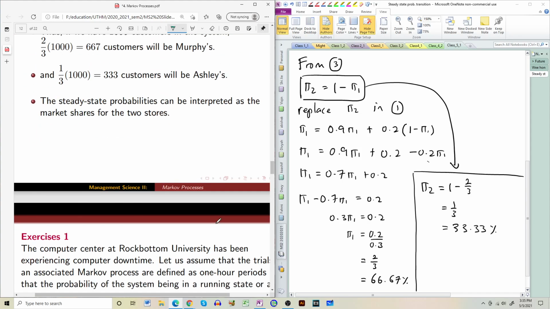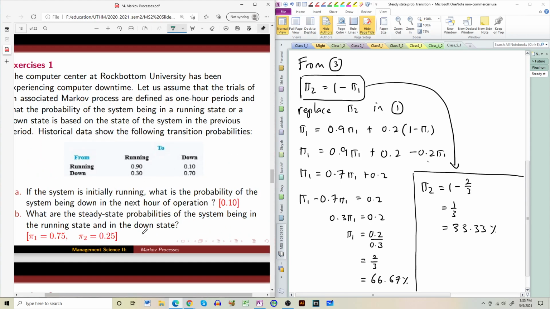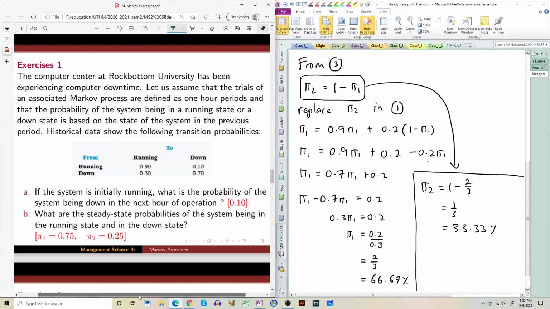Okay, let us do exercise 1. Maybe after exercise 1 we can have a break. Read this and try; the answer is given there, but how to get these answers, read this first. I'll do it with you together.